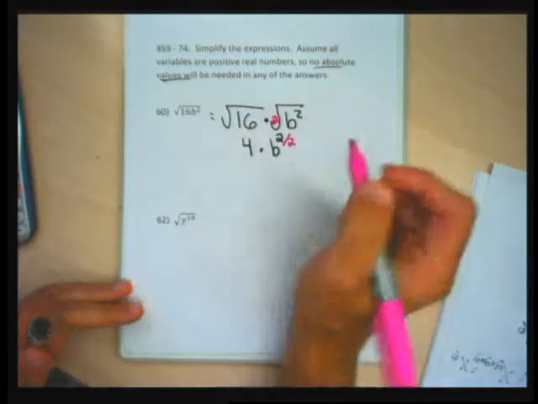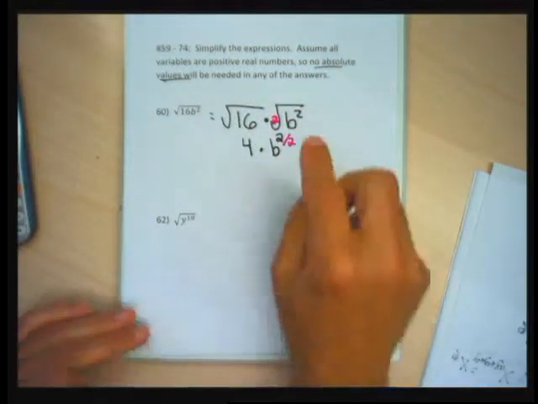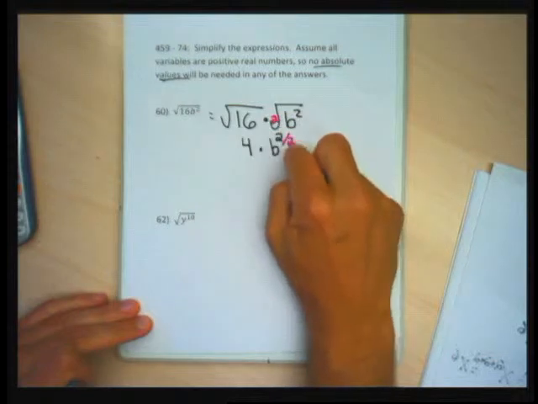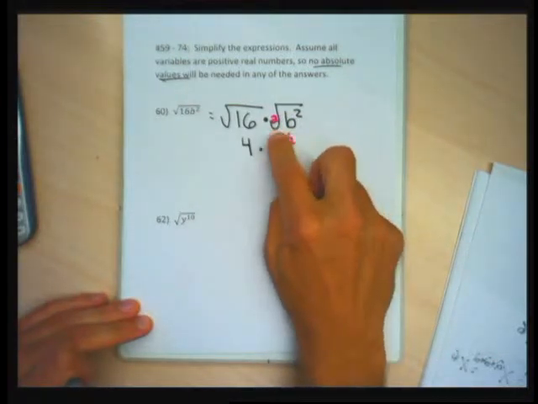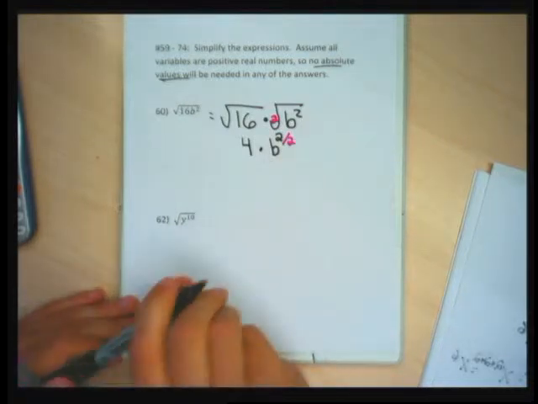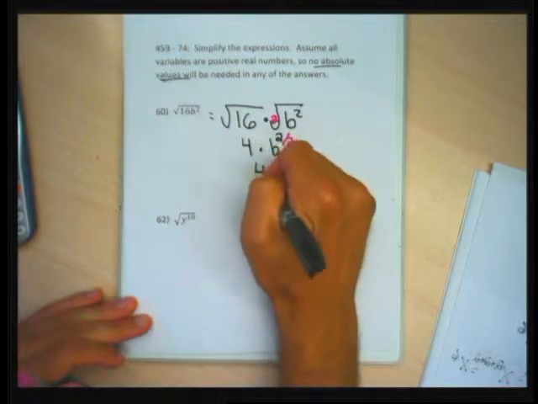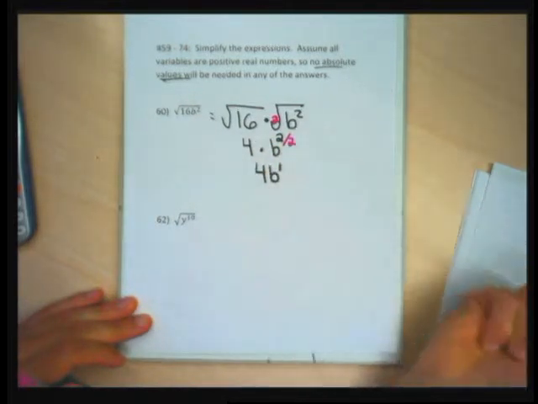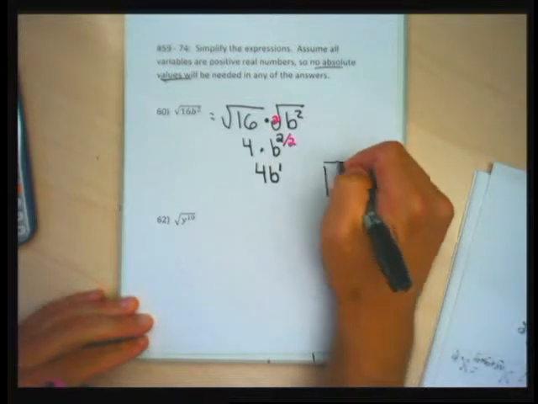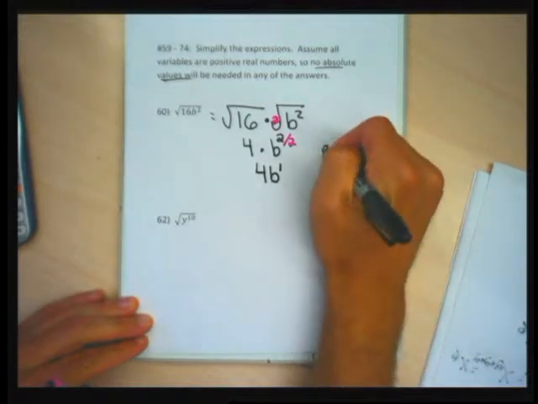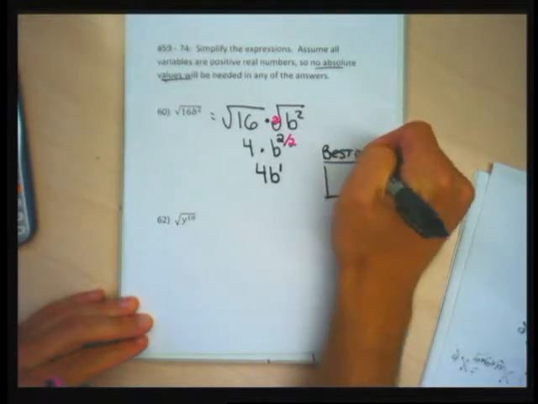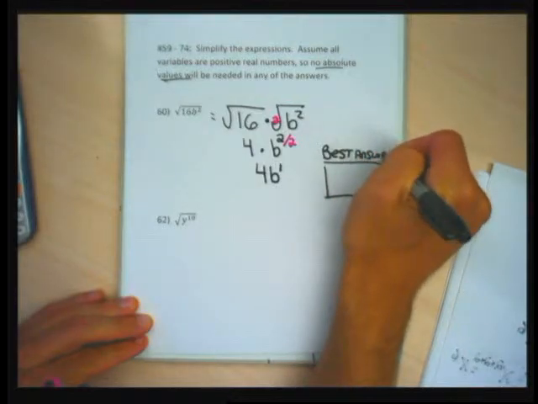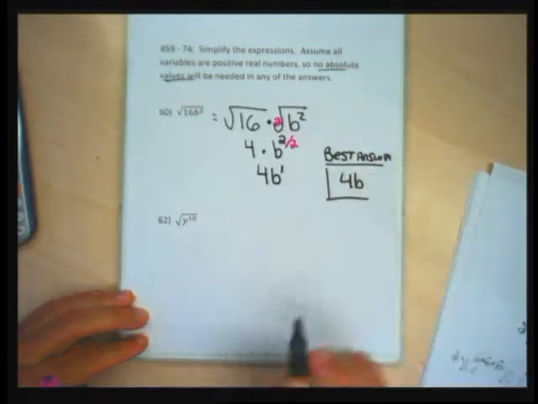And I'm trying to color code the 2 so you know that this black 2 is the exponent, this pink 2 is the index. For an answer, I'm going to divide that exponent. I don't need the times sign between the 2. I could write 4b to the 1st power, because that is what happens when you divide the 2's. But the best answer is just 4b.